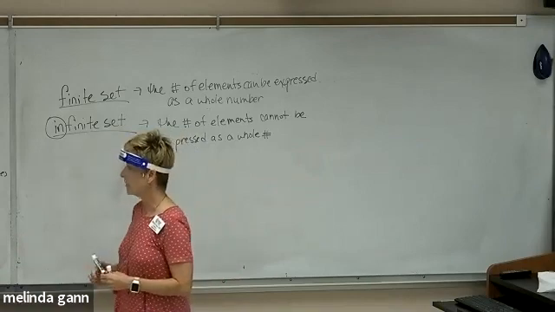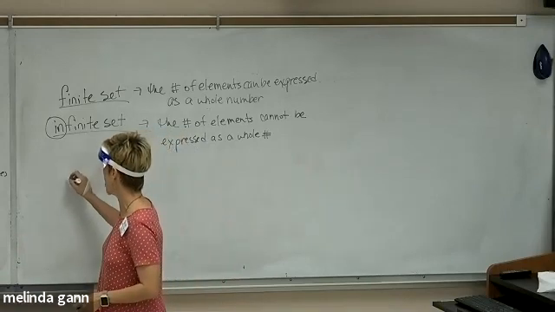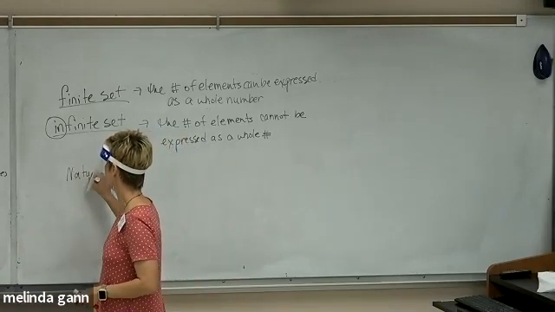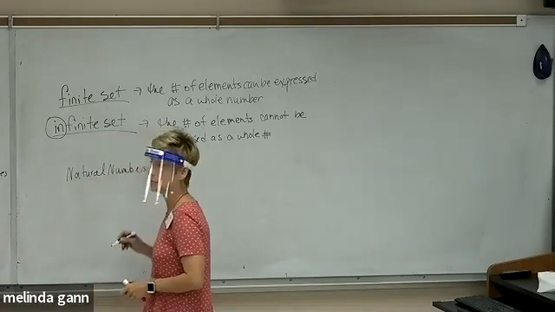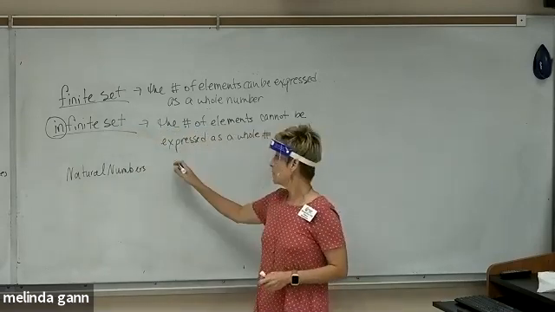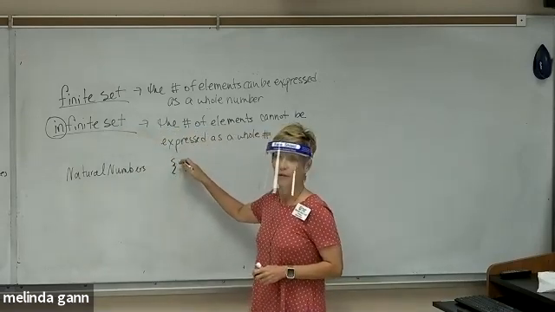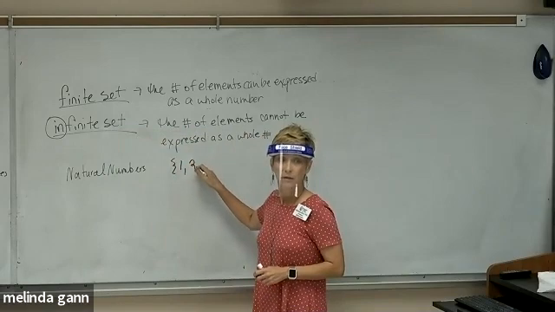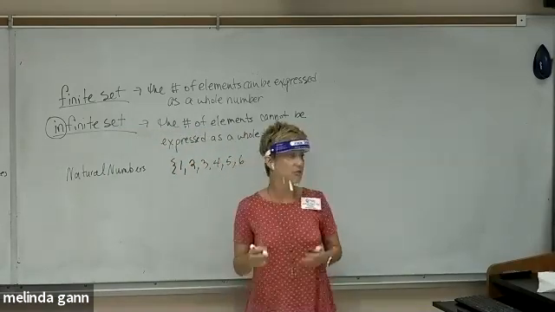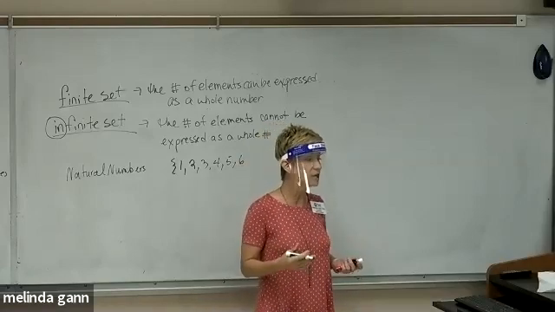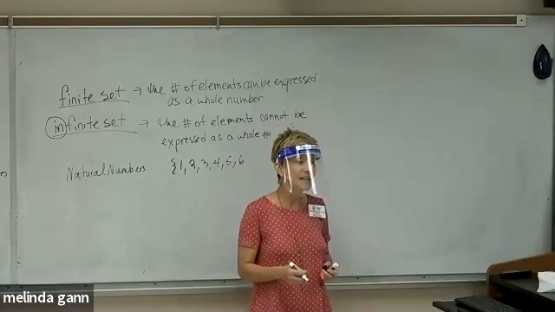So here's the problem. If I told you to list the natural numbers by roster method, we'd be in trouble. Because I know what to start with. What does it start with? 1, then what? 2, 3. What's the problem? It never stops. So in math, what we do for never stops are what are called ellipses.